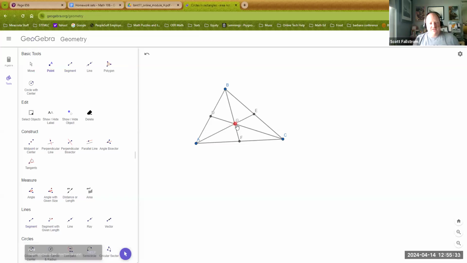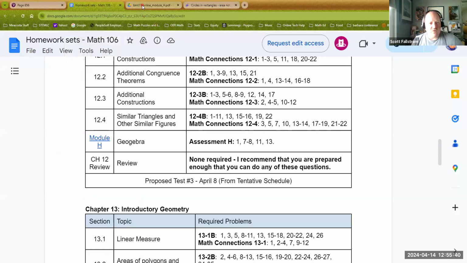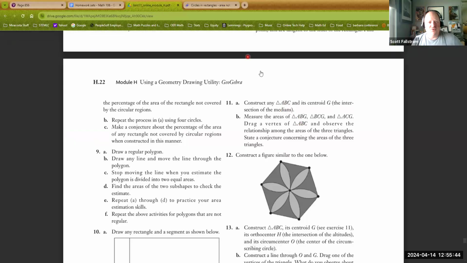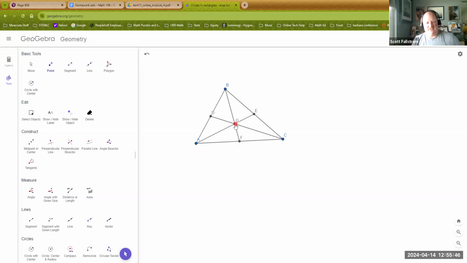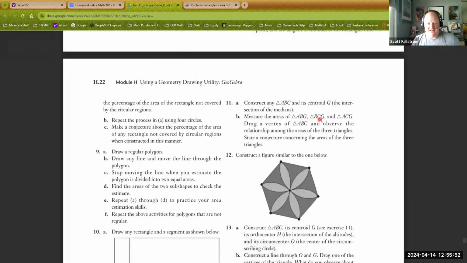So this point in the middle is known as the centroid. Oops, let's see here. Measure the areas of ABC and its centroid is G. Is that good? Yes, it is. Centroid is G. Perfect. Then it says measure the areas of ABG, BCG, and ACG.